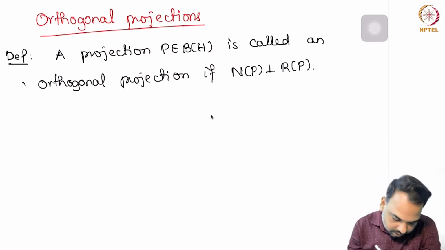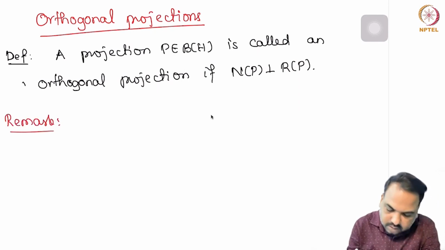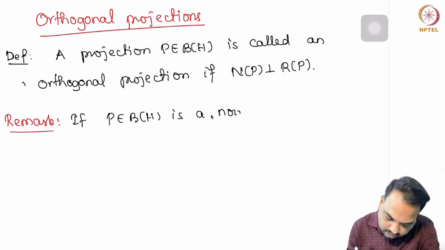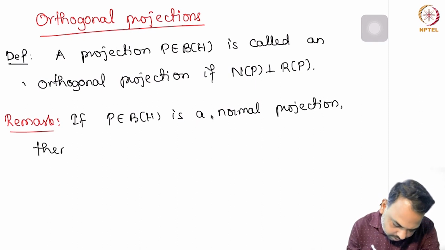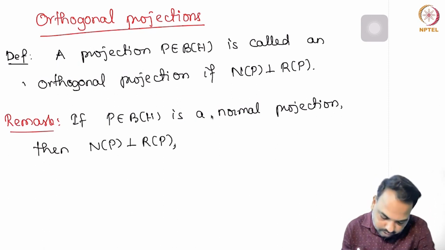So let me make a remark. If P is a normal projection, then the null space of P is orthogonal to the range of P. So that means we can say that P is orthogonal.